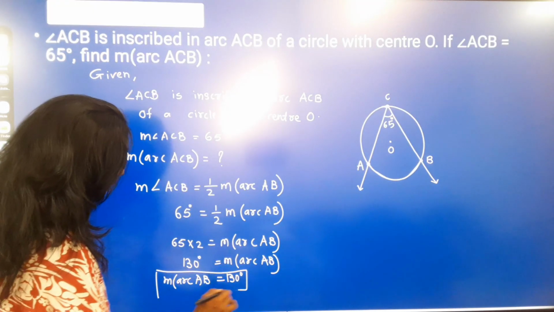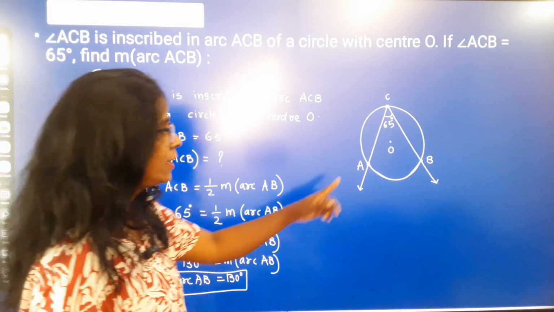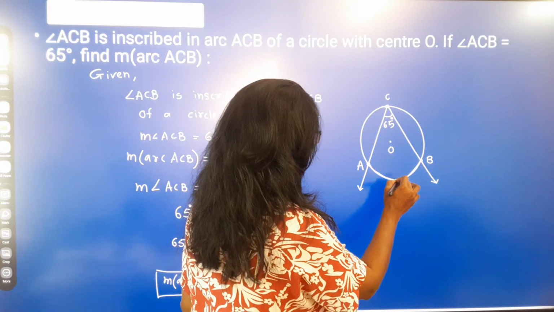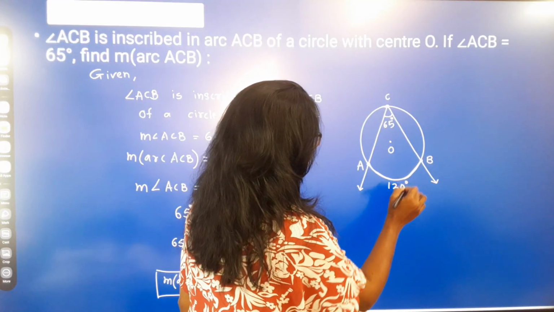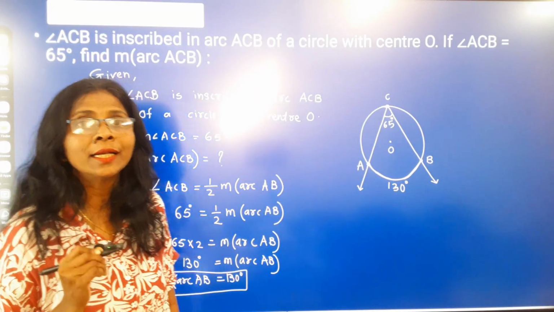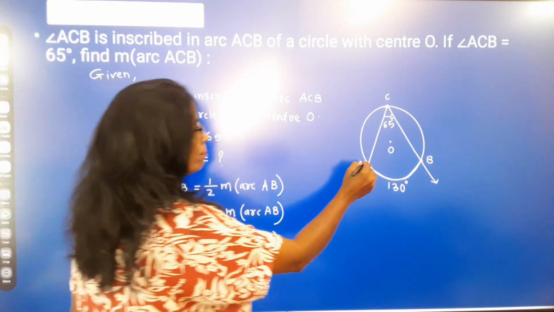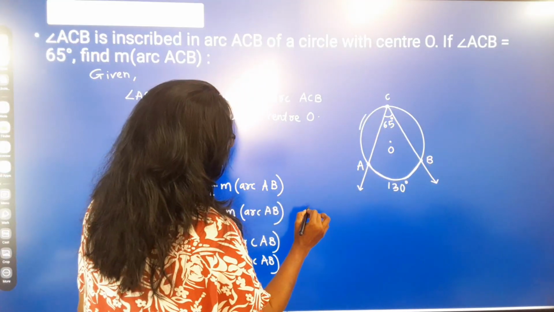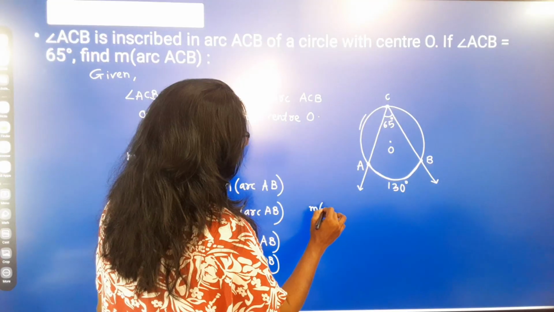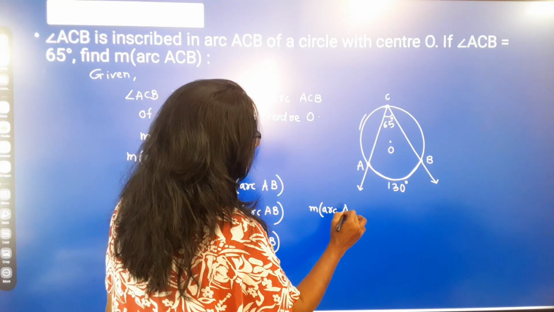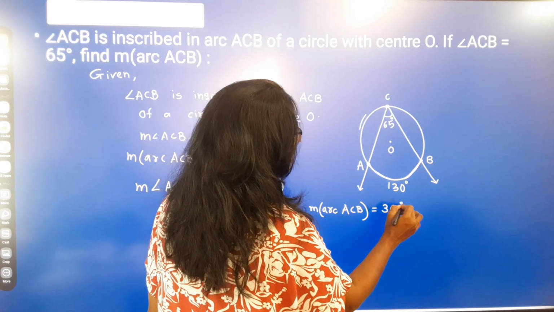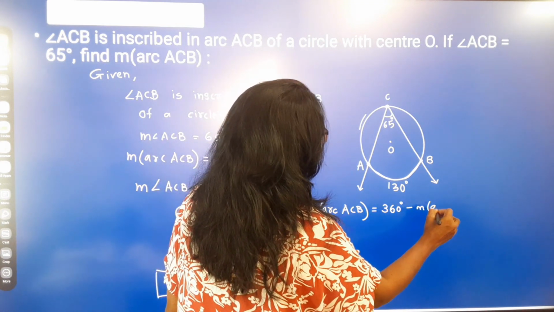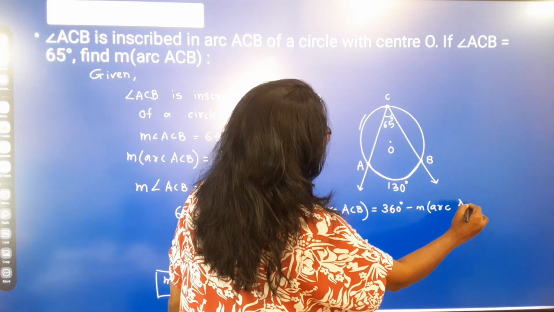Okay. Now here students this is the minor arc, that comes 130 degree, and we have to calculate the arc ACB, that is the major arc. So here if you calculate major arc ACB, then the formula becomes 360 degree minus arc AB.